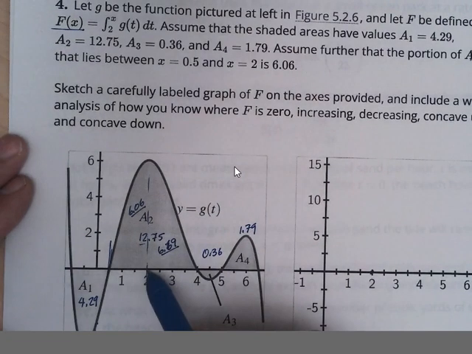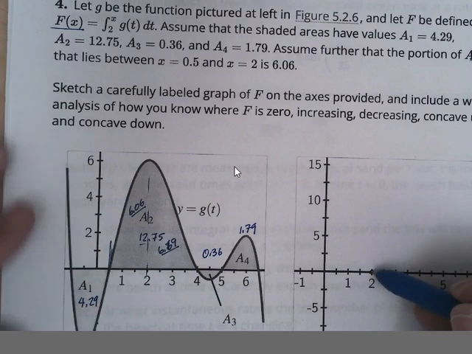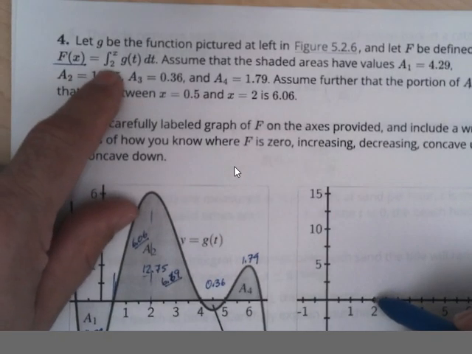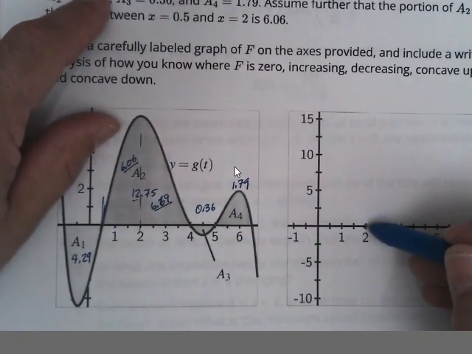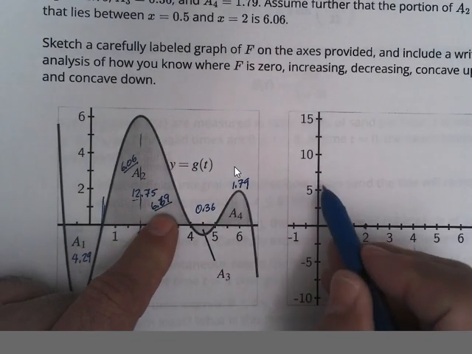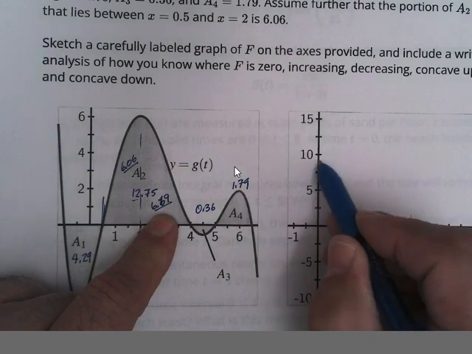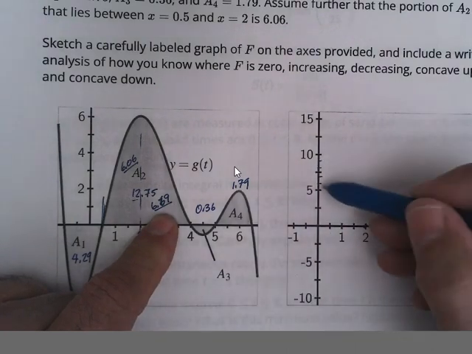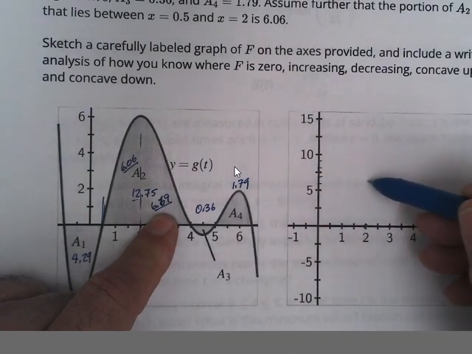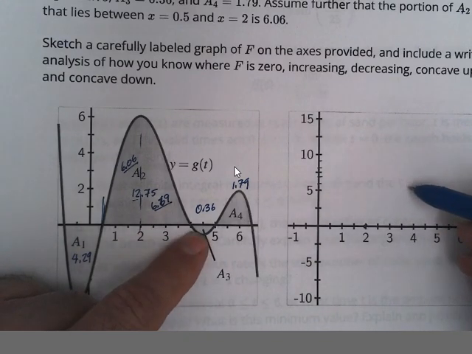So between 2 and 4, it's supposed to be 0 at 2. It has to go up 6.69. 5, 6, 7, 8, 9, 10. So that's about the spacing. 6.69 would be about there, and that's by 4.